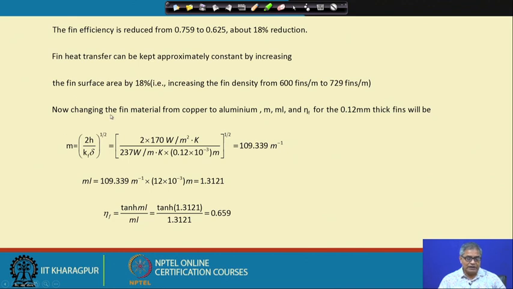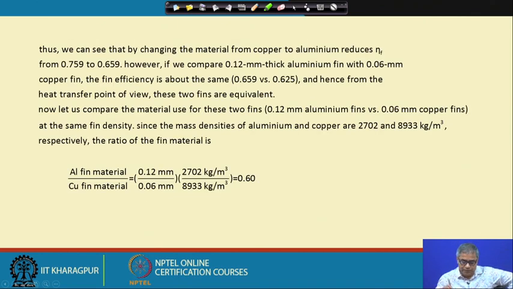Now, we can change the fin material from copper to aluminum, and redo all the calculation, and here the efficiency we are getting is 0.659 with 0.12 millimeter fin thickness. Obviously, if we switch from copper to aluminum, keeping everything constant, there will be a fall in efficiency.